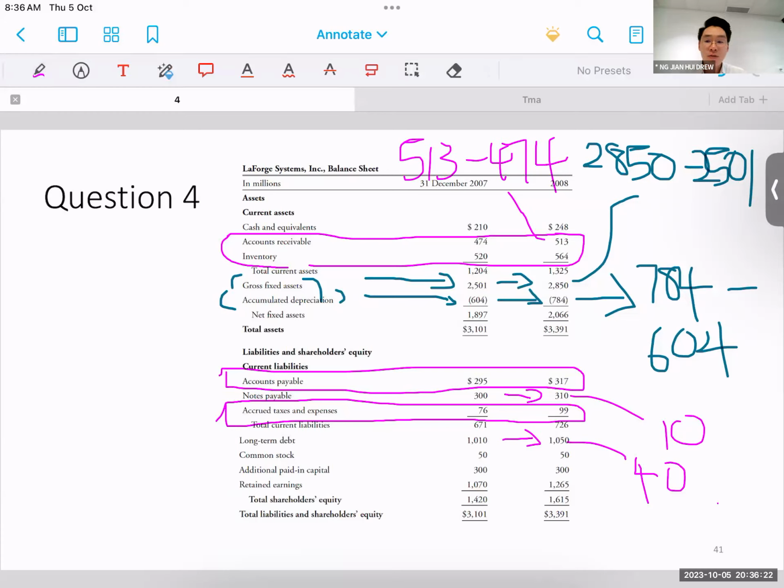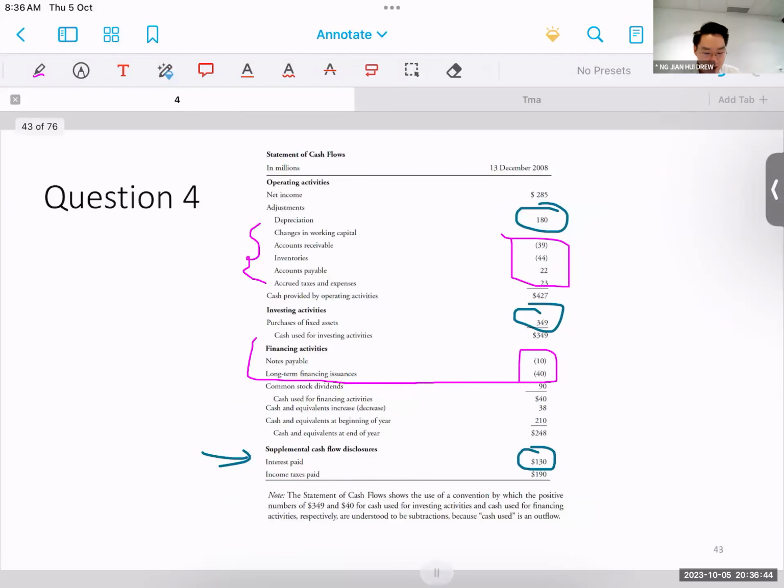For those that have a strong foundation in accounting, I hope you know why, when your note payable increases from 2007 to 2008 by 10, in the cash flow statement itself it is a negative.